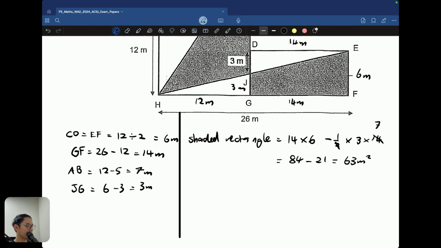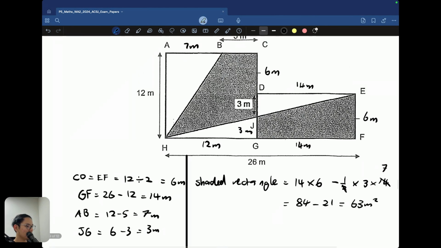Now we want to get a shaded square. So shaded square is equal to, so we just multiply the sides, 12 meters times 12 minus, so we have two things or two triangles we want to minus off.